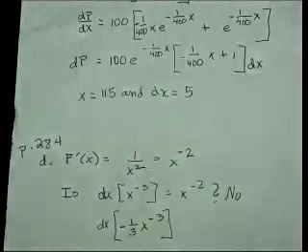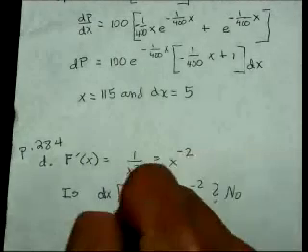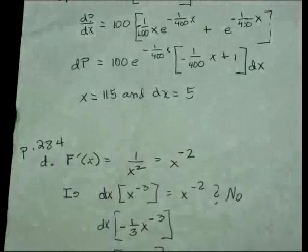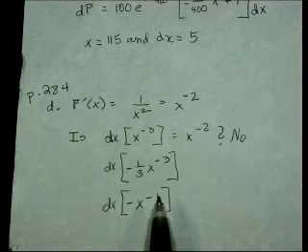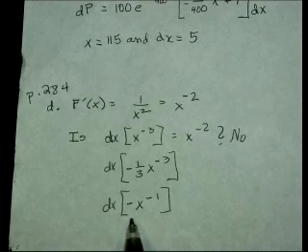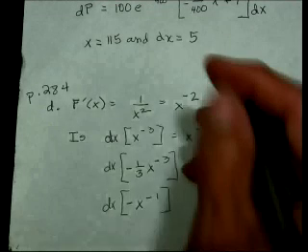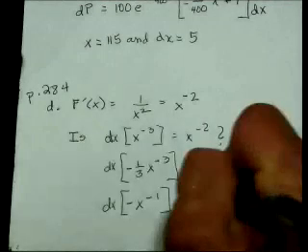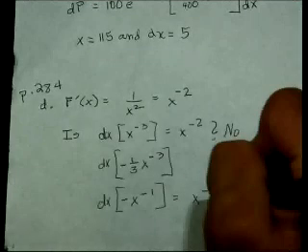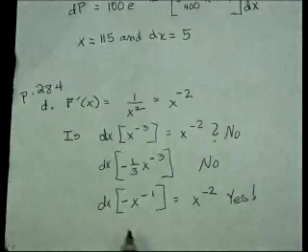What about negative x to the negative first? To check your answer there, you would multiply the exponent times the coefficient. Negative 1 times negative 1 is positive 1. And then subtract 1 from the exponent. And by golly, that does give you x to the negative 2. So that's the antiderivative of x to the negative 2.